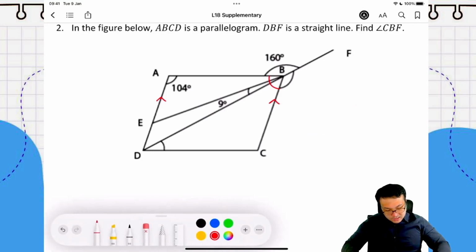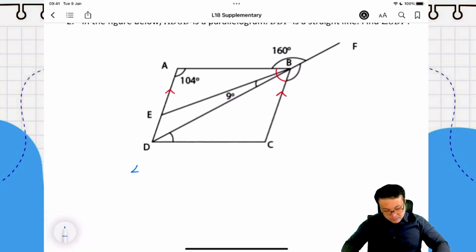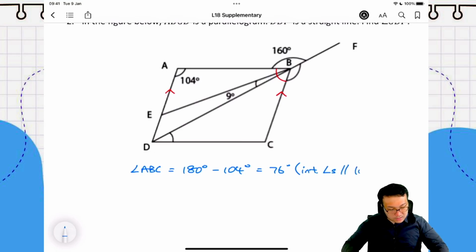So we can say that angle ABC is 180 minus 104, which is 76. Very good. So the rule is called interior angles parallel lines. It's in your worksheet.